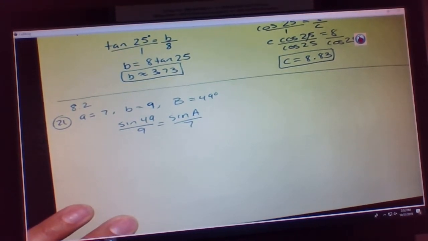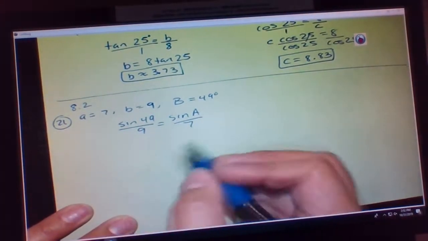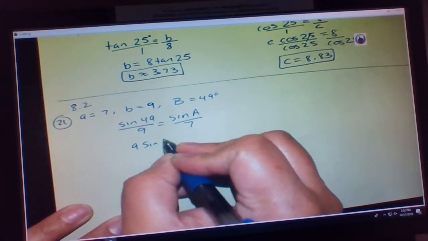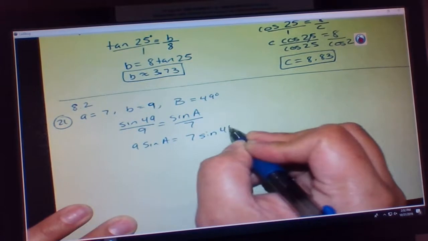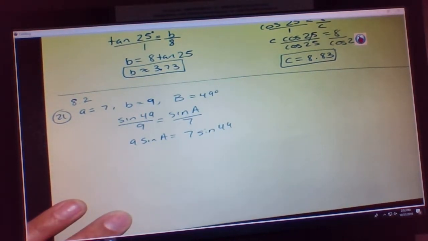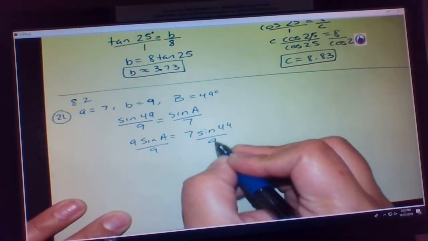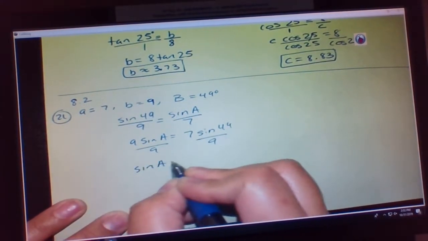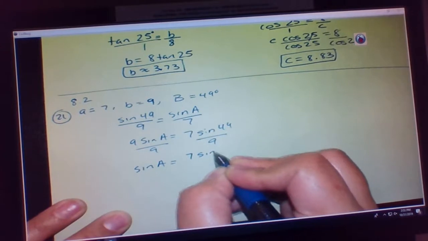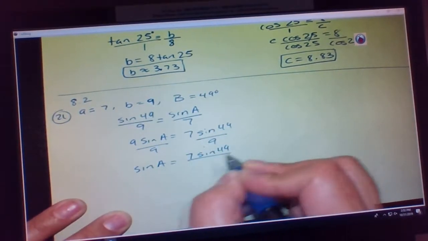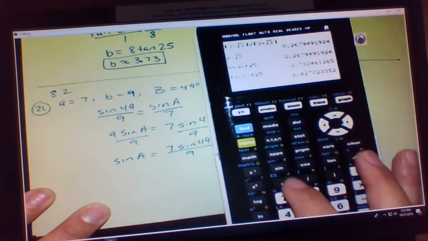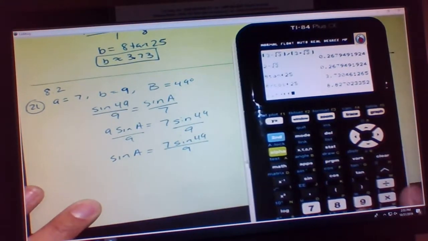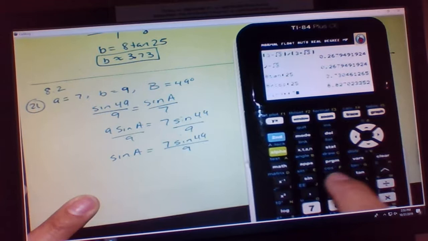We have to find everything that's missing. So this becomes 9 sine of A equals 7 sine of 49. So in order to find it, I have to do what? Divide by 9. And if I'm looking for an angle, when you type it in, you have to type it in how? With the inverse. So what is the inverse of sine when I have 7?